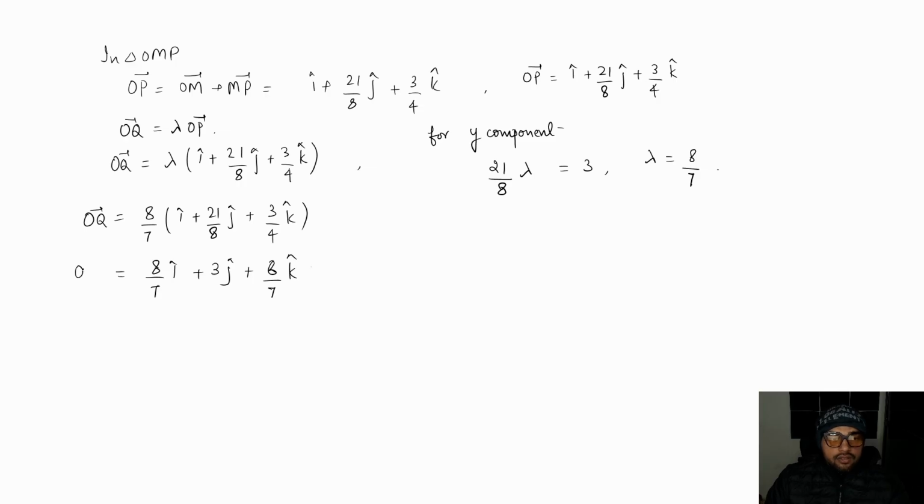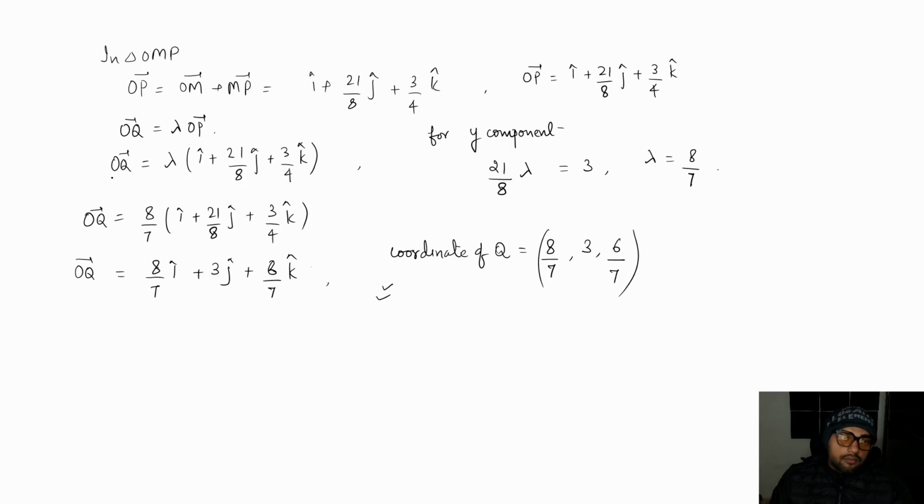So this is the OQ vector. From here, what will be the coordinate of Q? The x component is 8 by 7, the y component is 3, and the z component is 6 by 7. So this is the coordinate of Q, students. This is our final solution.